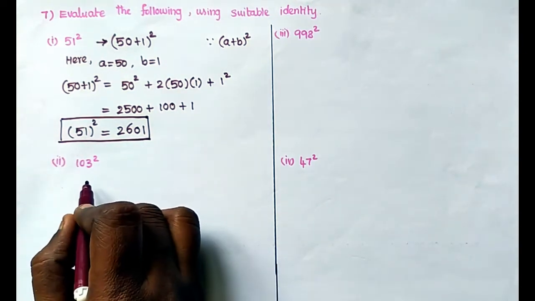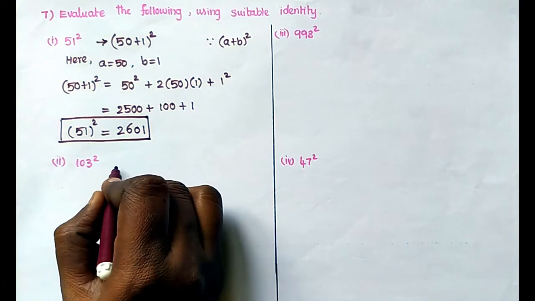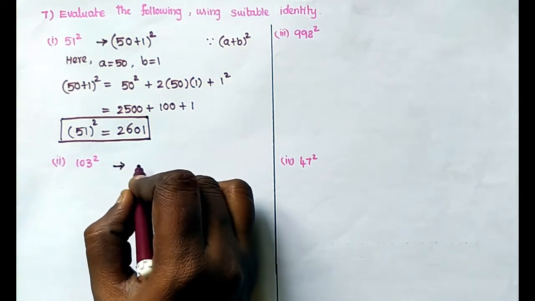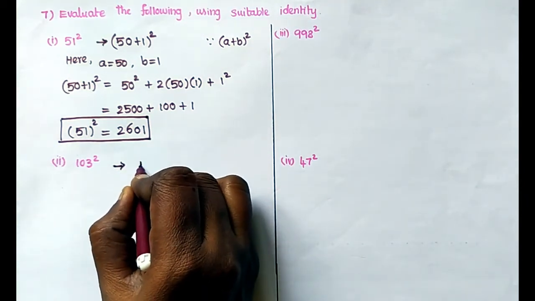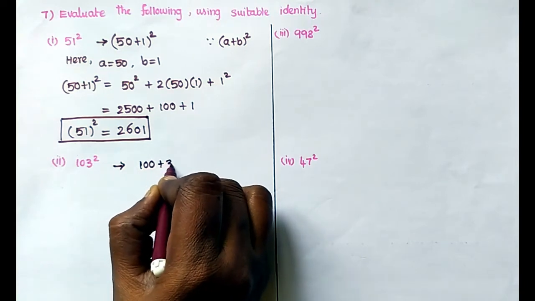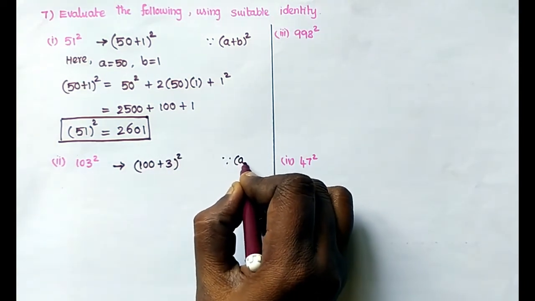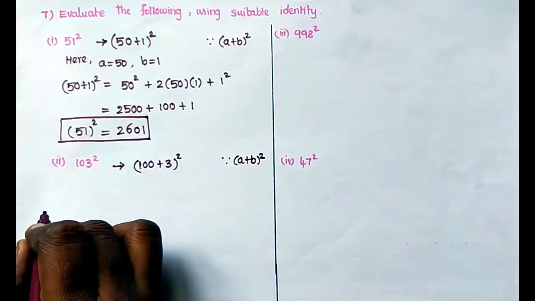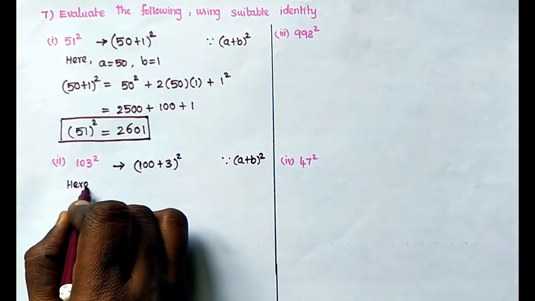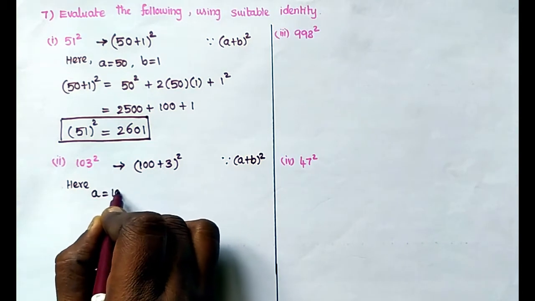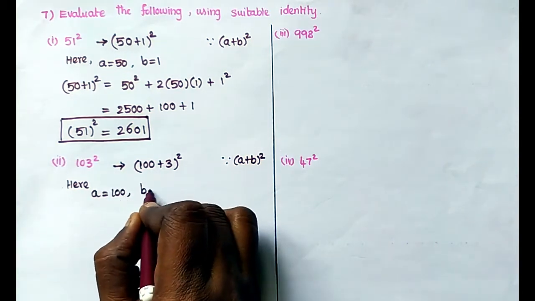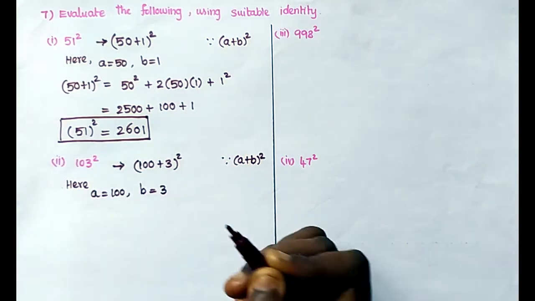Next one, 103 whole squared. We can write this as (100 plus 3) whole squared. It is also in the format (a plus b) whole squared. So here a equals 100, right? b equals what? 3.